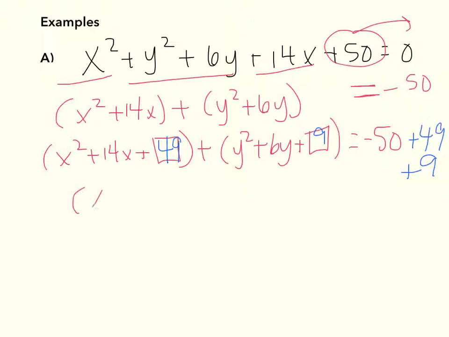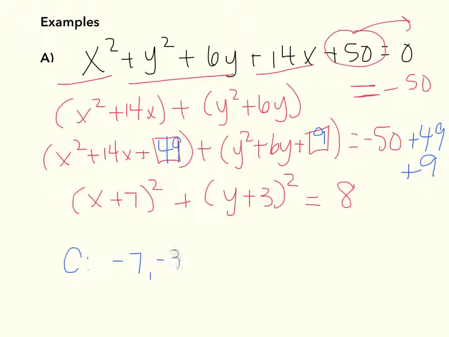So this becomes x plus 7 squared plus y plus 3 squared. And over here, this adds up to 8. And so now I have my equation in standard form like we learned. My center is -7, -3, and my radius is the square root of 8.